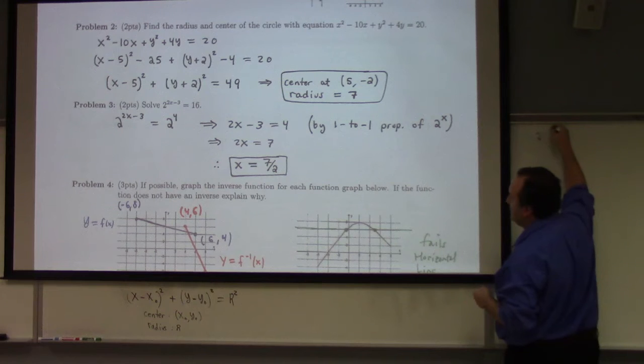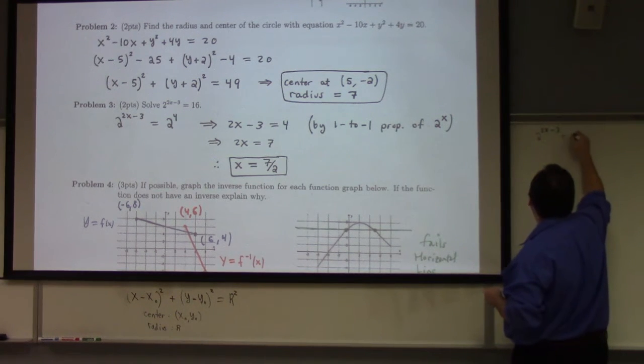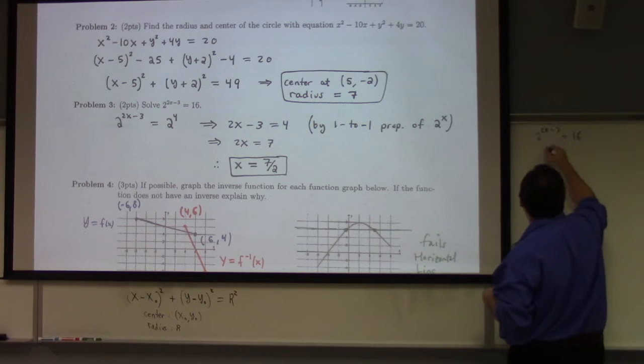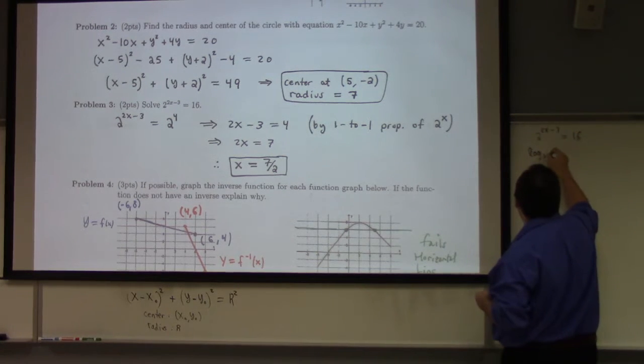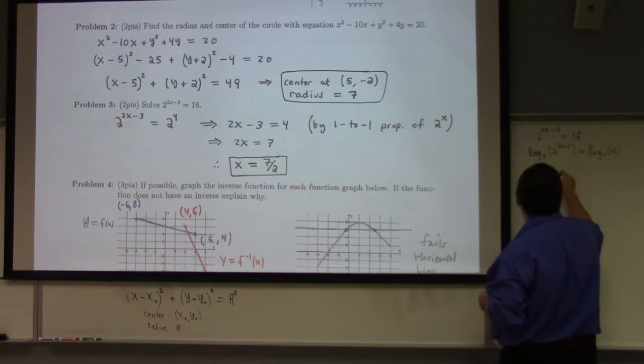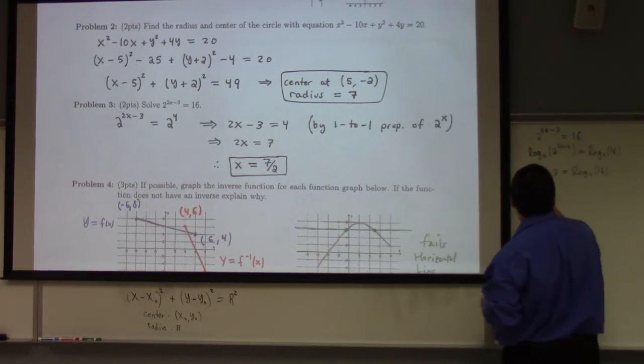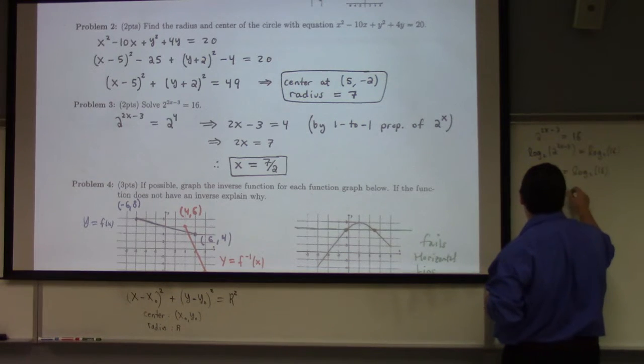Which kind of log did you use? I did a log base 2. Log base 2, and how'd that work? I got 2x minus 3 equals log base 2 of 16, then plus 3, and then divided by 2. Right.